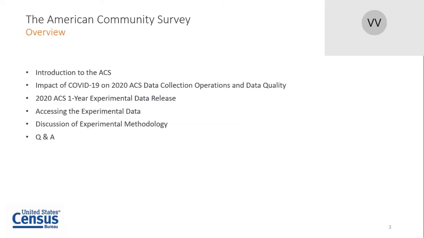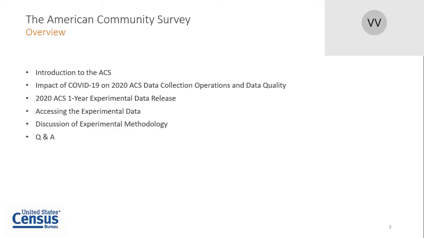Thank you, Michael, and thank you everyone for joining us today. I'll start with a brief introduction to the American Community Survey, or ACS. As you are all aware, the COVID-19 pandemic created challenges for the ACS program. I will discuss the impact of COVID-19 on the ACS 2020 data collection operations and how those challenges impacted the 2020 ACS data quality.